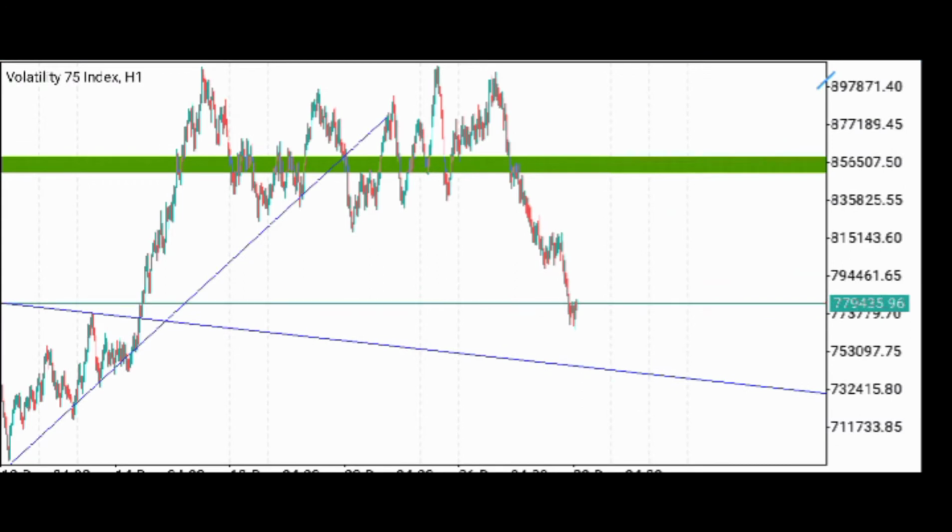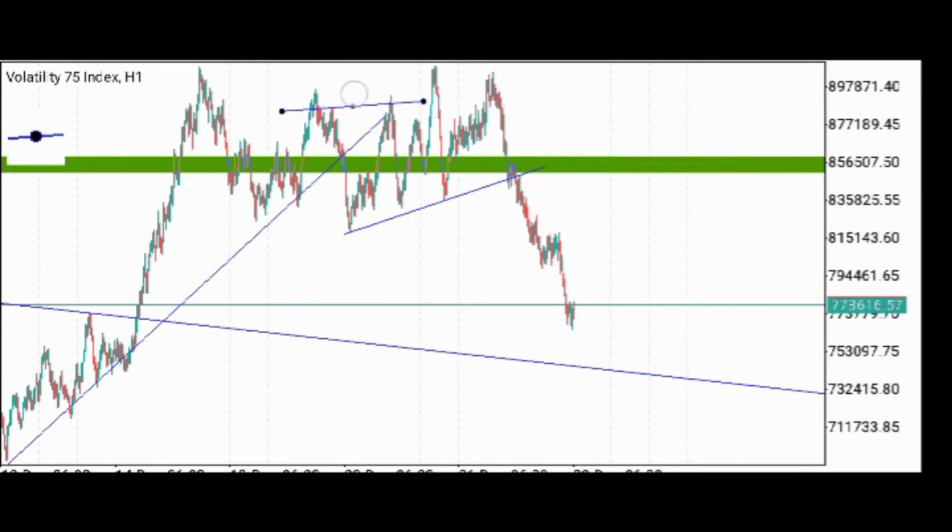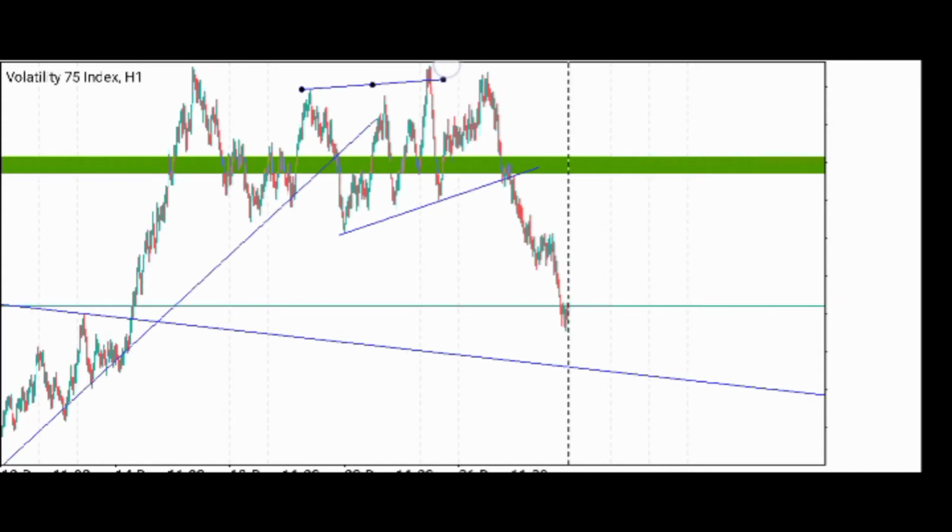You check the structure. Okay, first low, second low, draw a trend line. You see here we have a structure, a corrective movement. We have a corrective movement here.